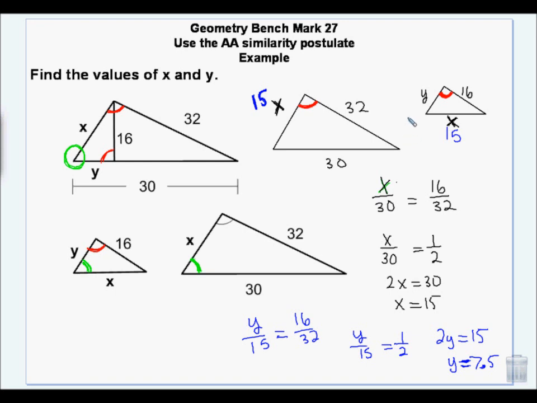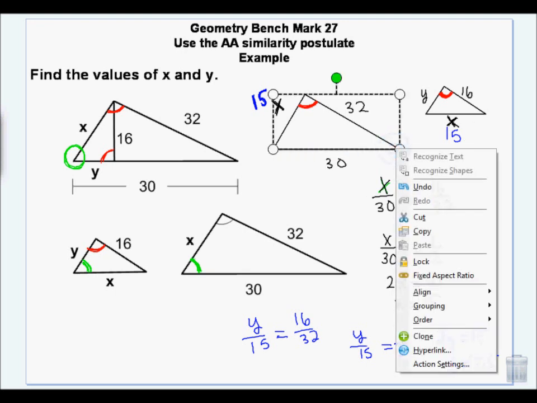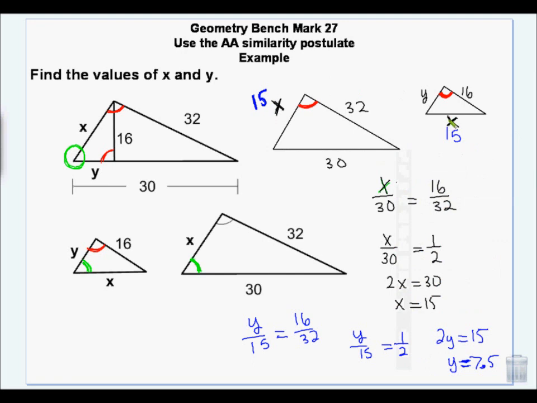Would you like that? Yeah, but I have a question. Okay. How did you get 15? I don't understand. How would you know how to put the x over the 30? Because this side is similar in proportion to this side. So what we have here, let me use the highlighter. This side goes with this side.